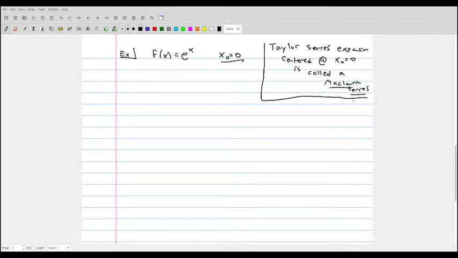So you might see the word Maclaurin series in any calculus book that you're reading. This is just the normal Taylor series, but expanded around the point x naught equals 0.